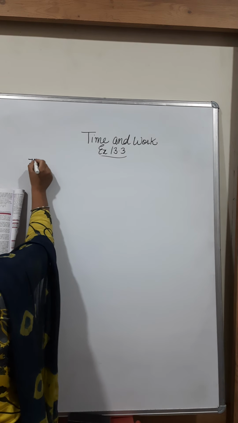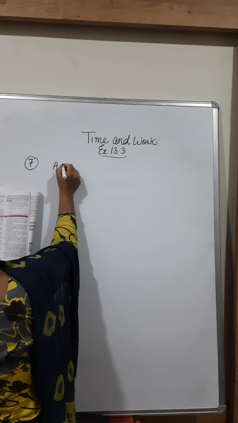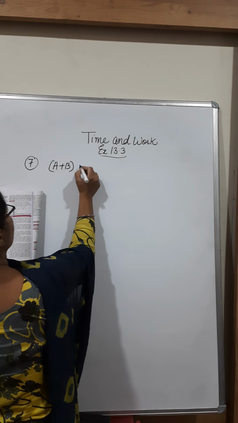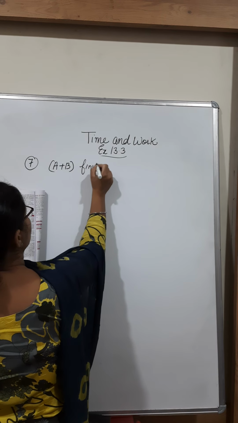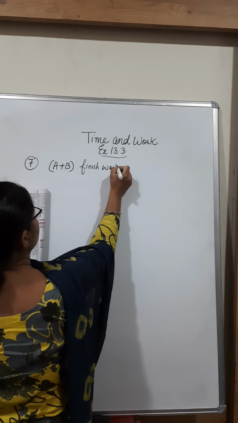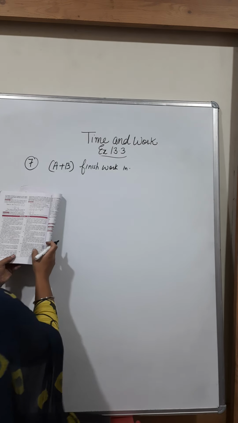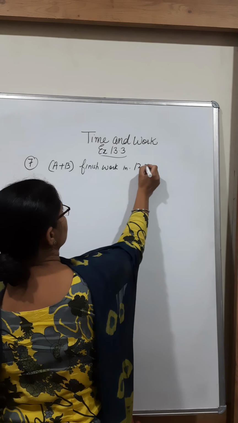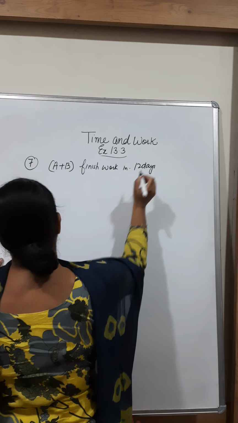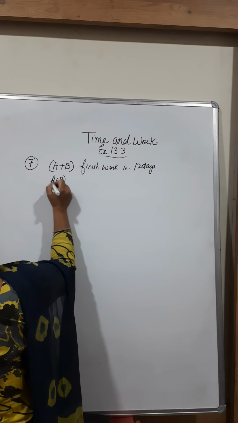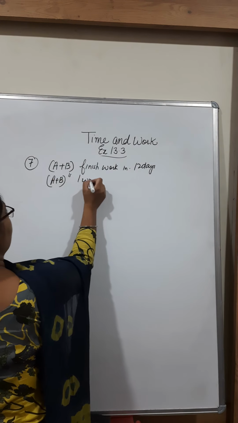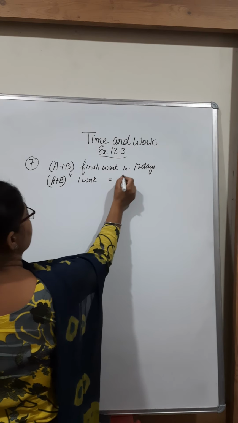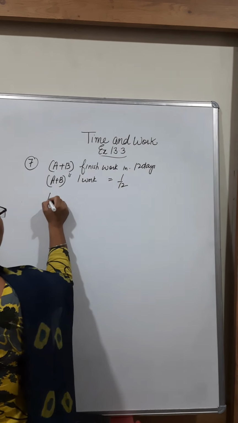First of all, in the 7th question, we are given A plus B finish the work in 12 days. So A plus B's 1 day work will be equal to 1 by 12.